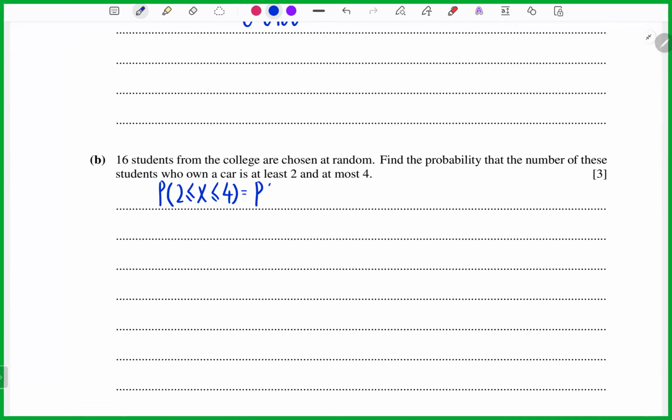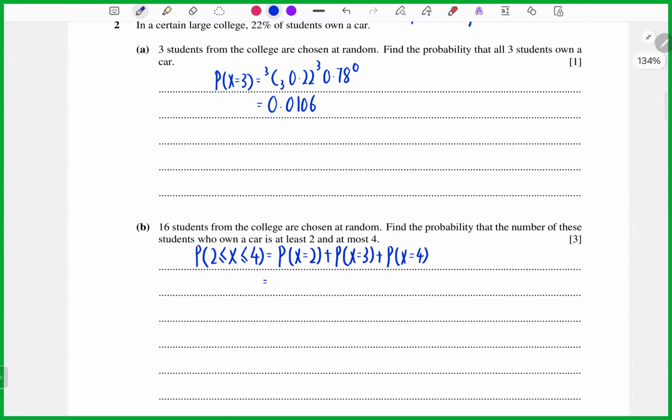So you should take x equals 2 plus x equals 3 plus x equals 4. So now you can apply the formula here.